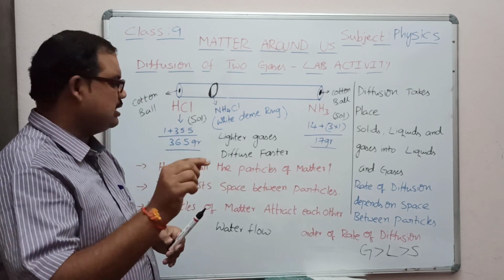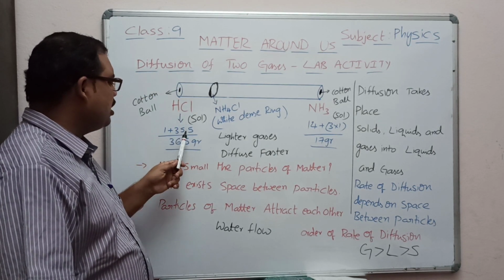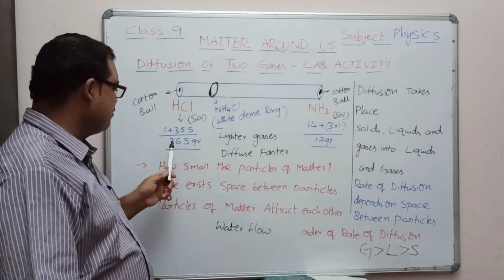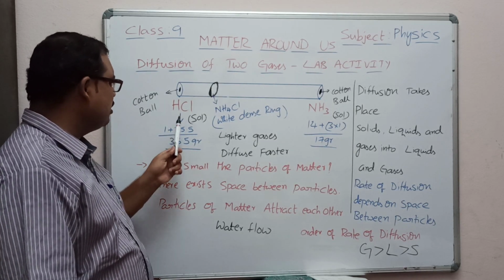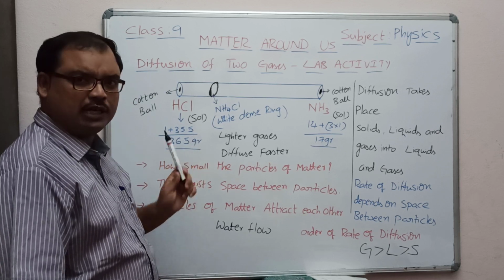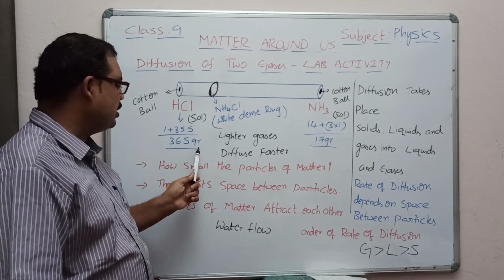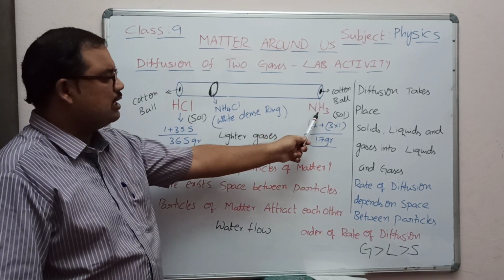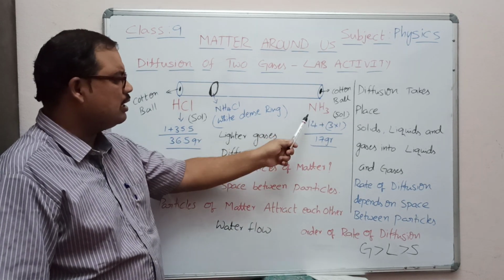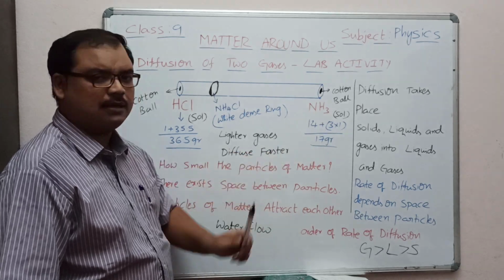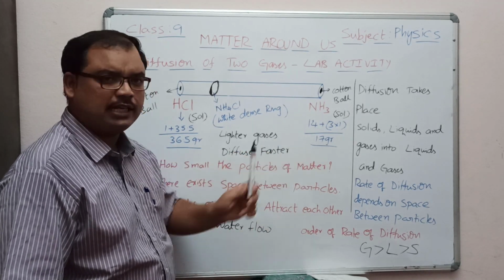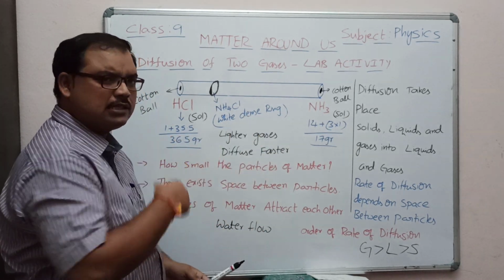The reason is that when you calculate the molecular weight of HCl, it comes to 36.5 gram, because hydrogen's weight is 1 and chlorine's weight is 35.5. Altogether it is 36.5 gram. Next, for ammonia, nitrogen is 14 gram and 3 hydrogens are 3 gram, so it is 17 gram. Just compare the two weights.